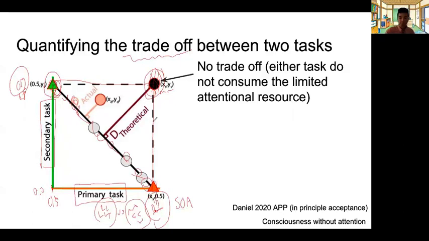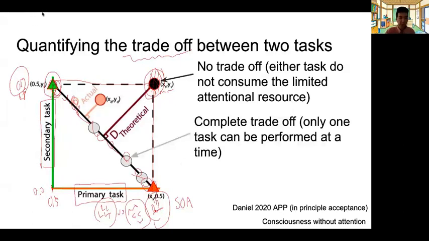And then, as I said, if there is a complete trade-off, depending on the task instruction, like if you are asked to prioritize the primary task a lot, then it should locate somewhere towards the bottom right. And if you are asked to prioritize the secondary task, it should locate somewhere here. But the important thing is that this diagonal line connecting the two single task performances should predict the two task performance.